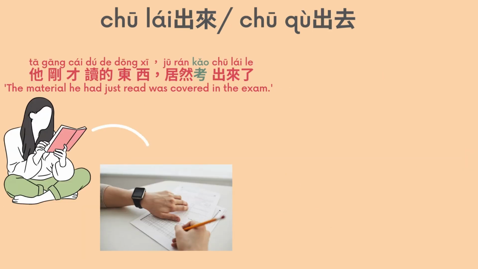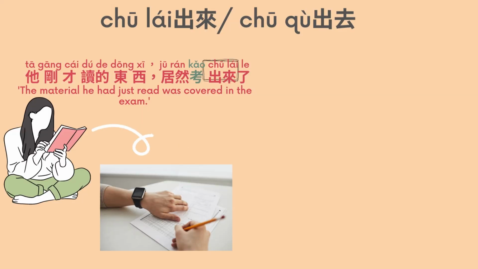One of the usages of 出来 is to describe the appearance of something. For example, 他刚才读的东西居然考出来了。The material he had just read was covered in the exam.